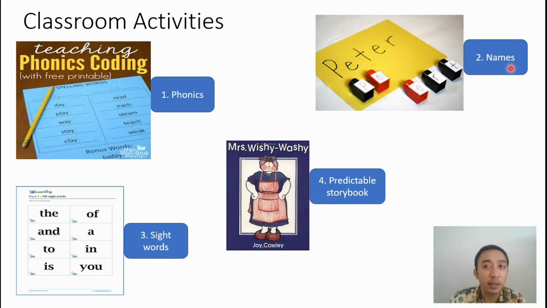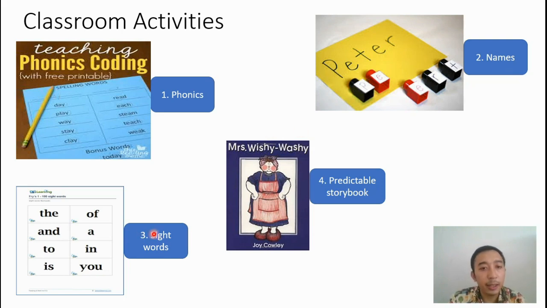It's also a very fun activity. They have to remember the names, and arrange the letters to make up the names of the persons or the students in the classroom. Sometimes it can also be a competition.